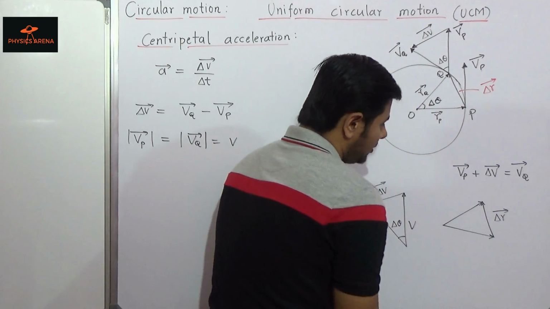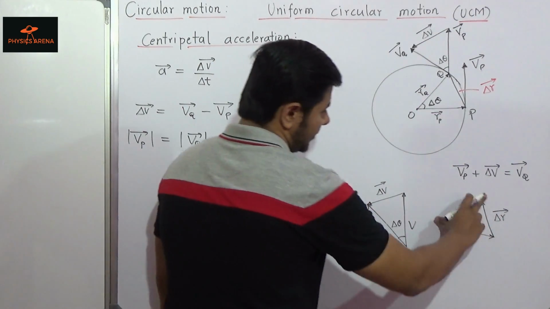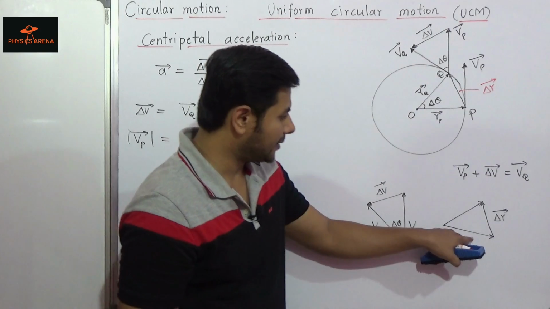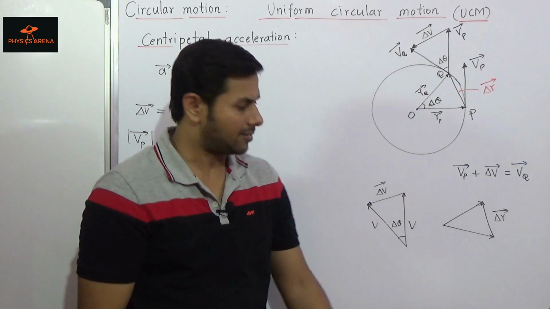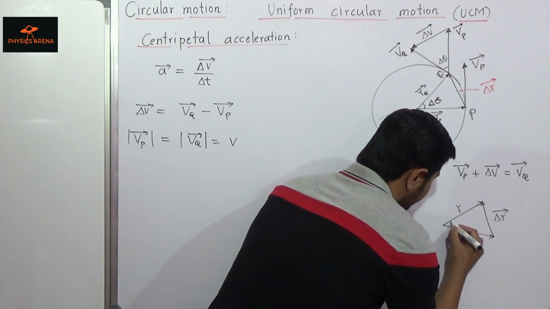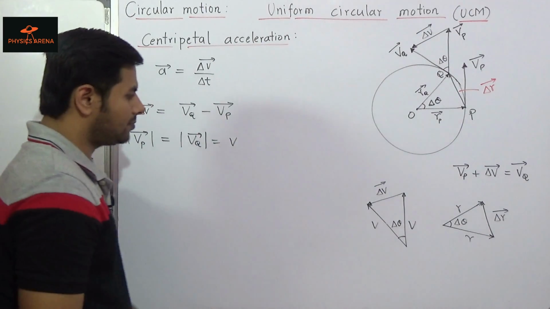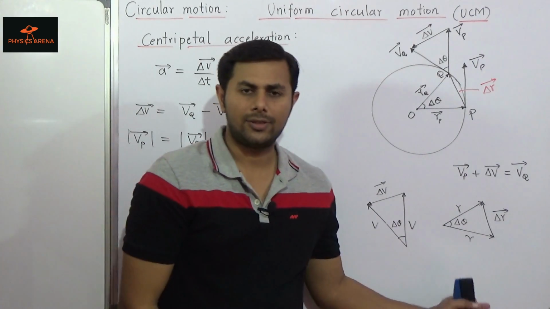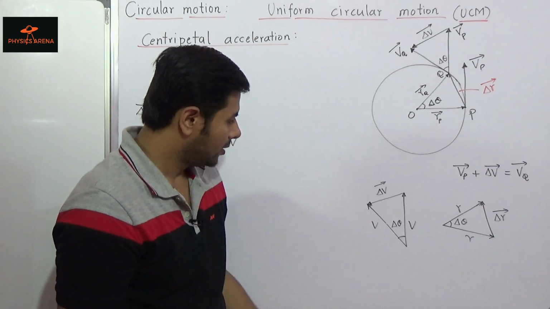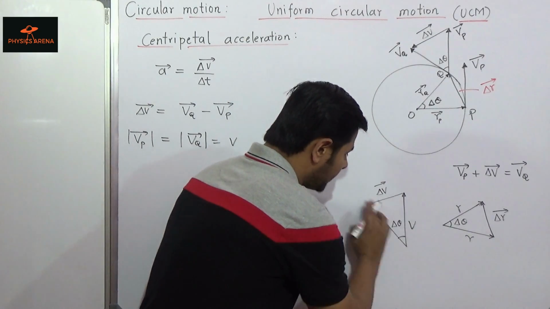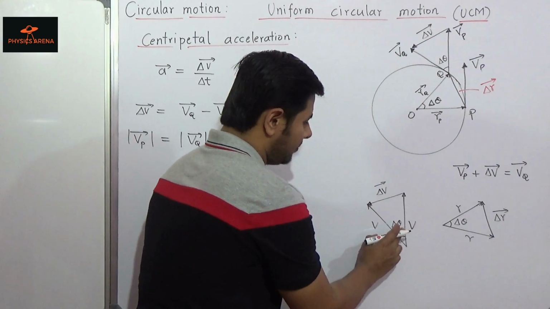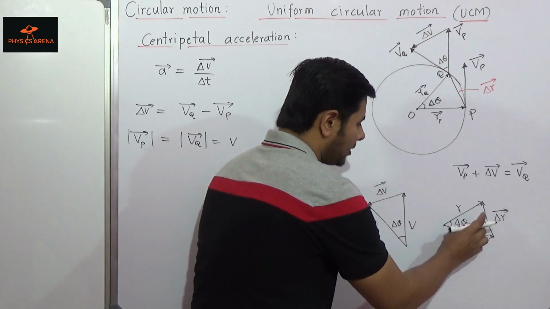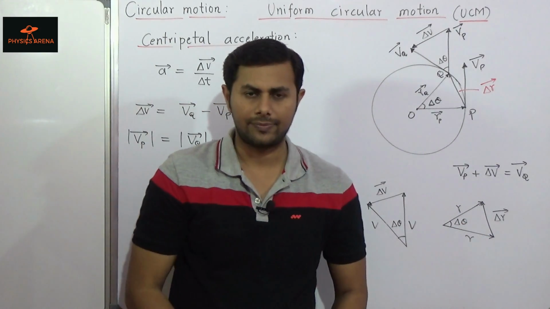And for this triangle, we have the length of this side equal to the length of this side, since those are radii, the radius at some time and the radius at some later time. So this angle is also delta theta. So we can say that these two triangles are similar, since we have two sides of equal length and the angle between them is delta theta here. Here also we have two sides of equal length and the angle between them is also delta theta.